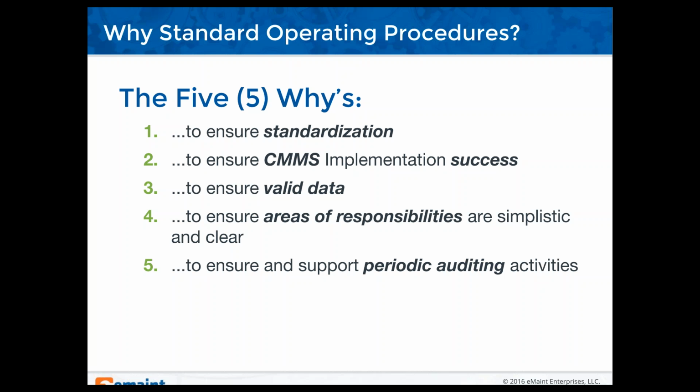So standardization, implementation success, valid data, roles and responsibilities, and continuous improvement in relation to periodic auditing are the key areas and the 5 reasons why our clients tell us that SOPs are so critical in terms of the implementation of their CMMS.